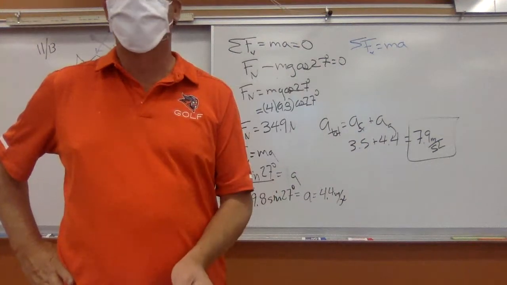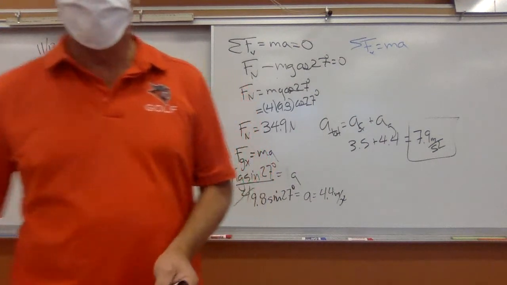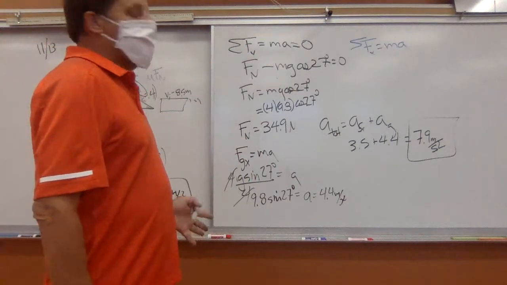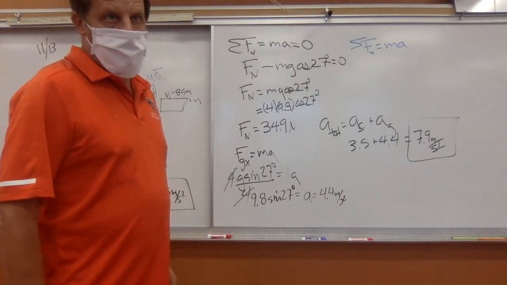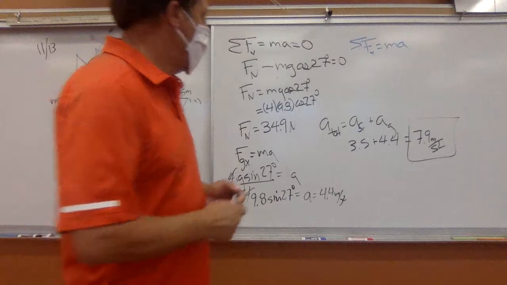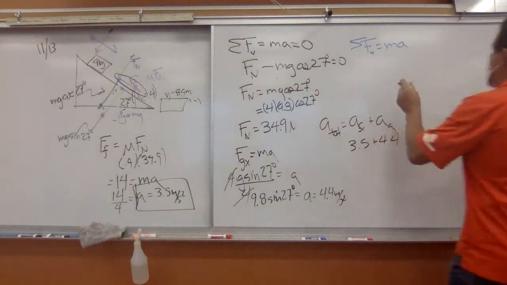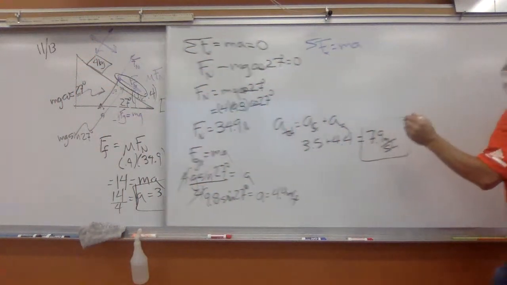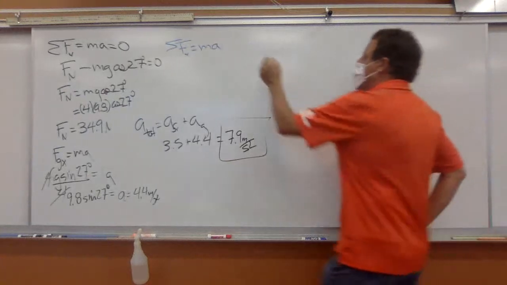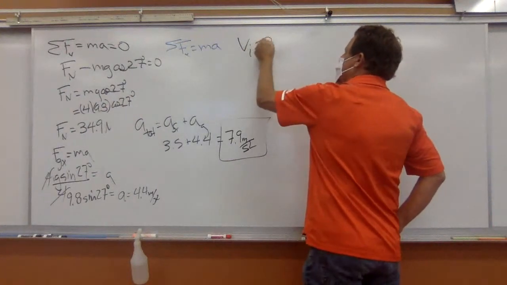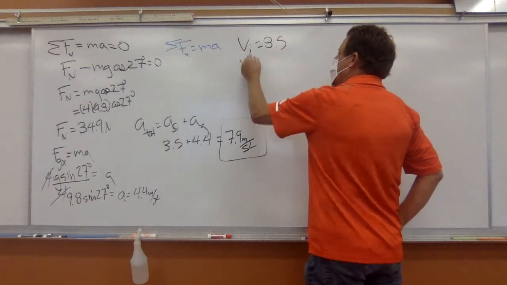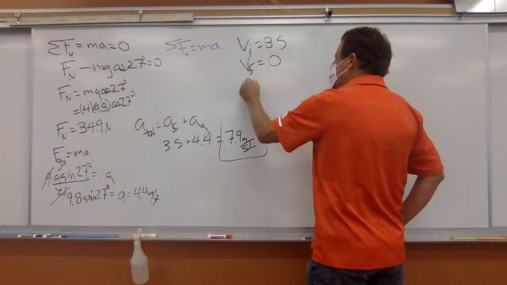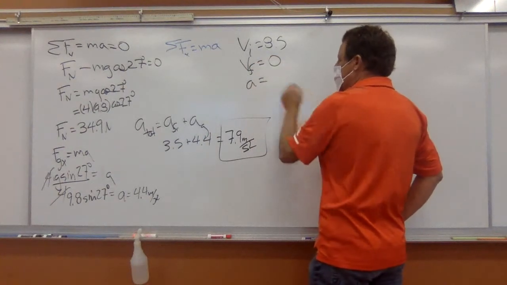How far up the incline is the block going to go? Now we're going to use our kinematic equations. We know our initial velocity is 8.5, and we know our final velocity is 0.